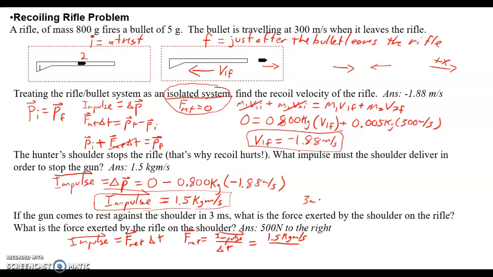So 3 milliseconds times 1 second over 1,000 milliseconds, just like there are 1,000 millimeters in a meter. And so this is 0.003 seconds. And this comes out to 500 newtons. Okay, and that's also a positive number, and that makes sense that the shoulder would push to the right on the gun in order to stop it.